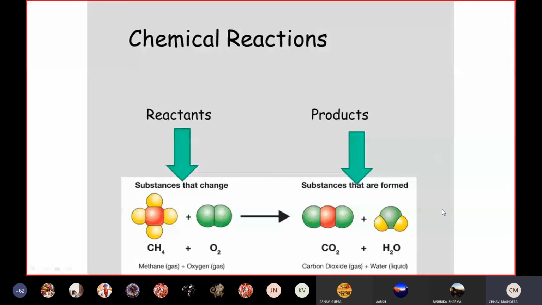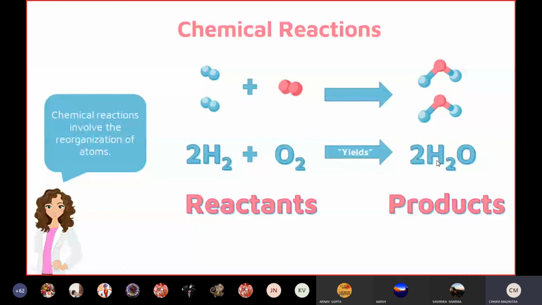So you will study it in class 9th. For this term you should only know how to write this kind of equation. You should know the formulas of the reactants, and what the products are and their formulas. That is the basis of a chemical reaction, and based on that we are going to practice some questions.